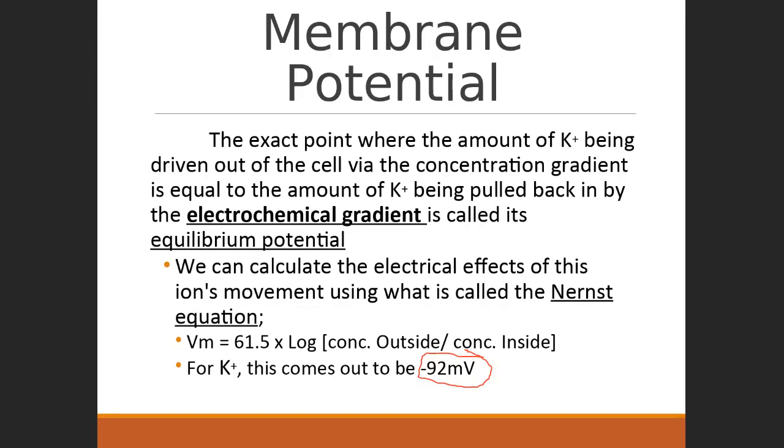We've got 4 other ions, each of them undergoing their own flux back and forth the membrane, with different concentrations. We can do the Nernst equation on sodium, chloride, calcium, and the negatively charged amino acids. They're each going to have their own individual equilibrium potentials.